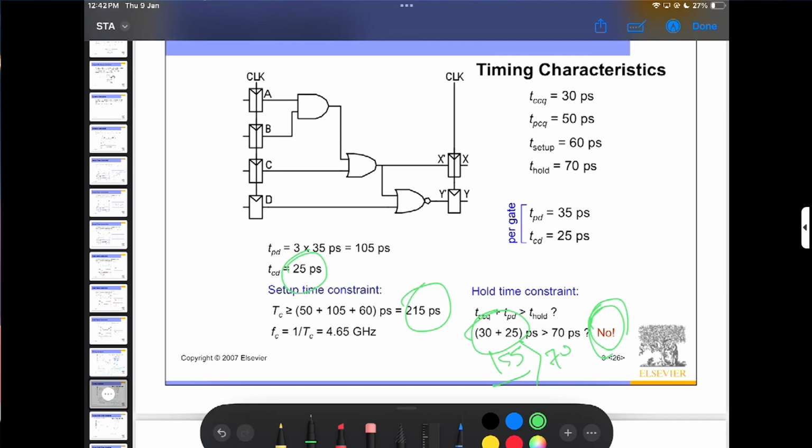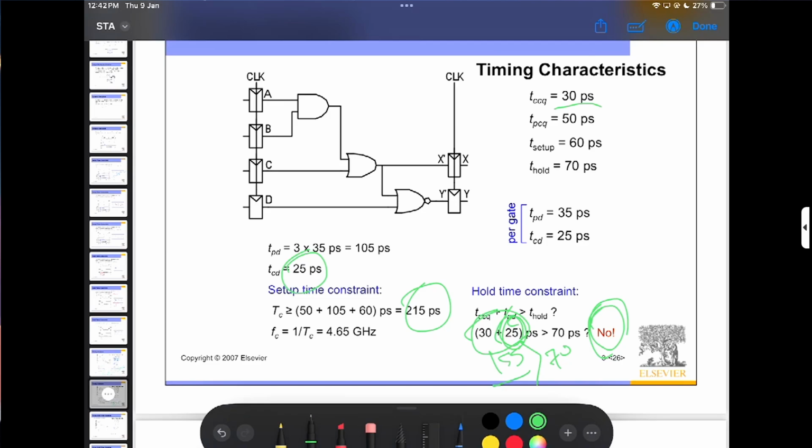TPD. So am I doing something wrong here? Why does it take 25? I don't understand. TCCQ is 30, but why is TPD equal to 25 propagation delay?